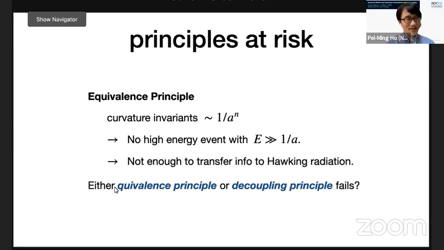Sorry, I'm missing the letter E here. So either one of the two fails, and the question is which one has to fail. It seems to be the situation. In the end, this may not be the actual conclusion, but right now it looks like this is the situation, or at least this is how people have presented the information loss paradox.